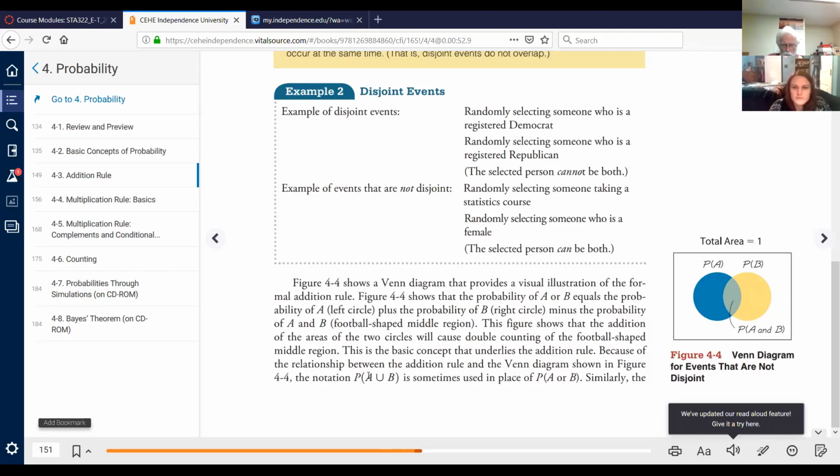This means one of the two, A or B. This is for disjoint notation. Sometimes this is symbolic logic notation for the concept of the probability of A or B.